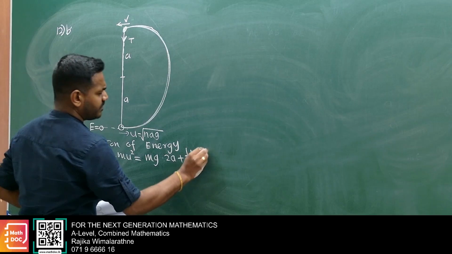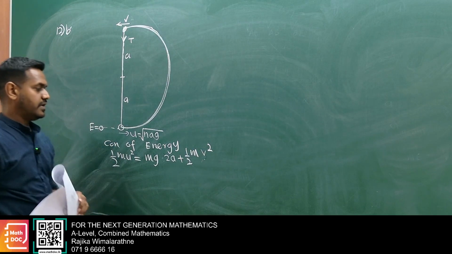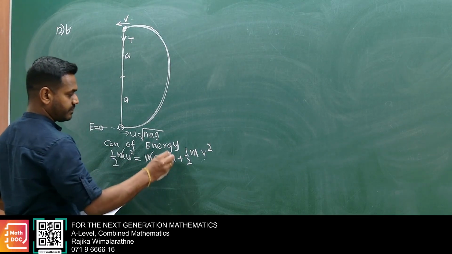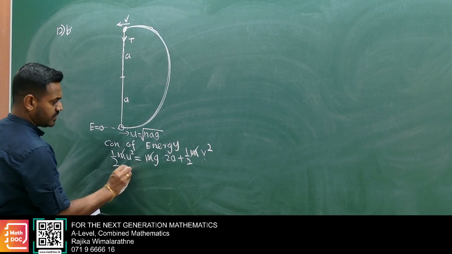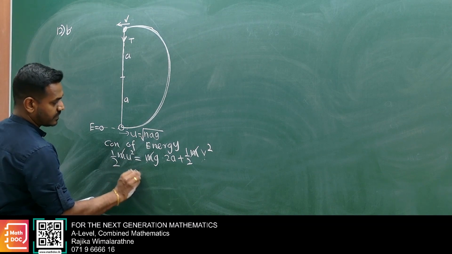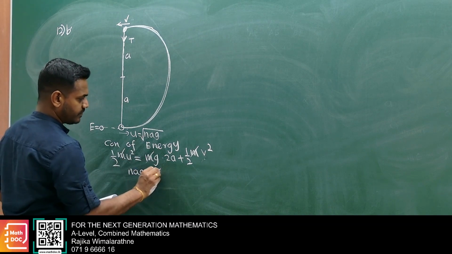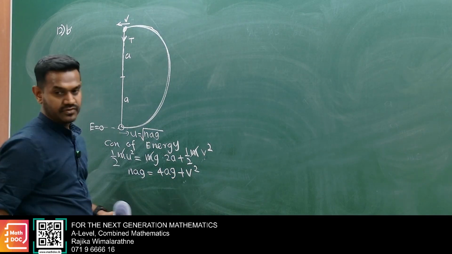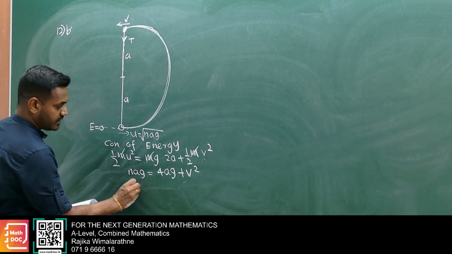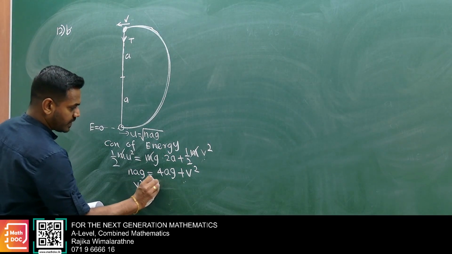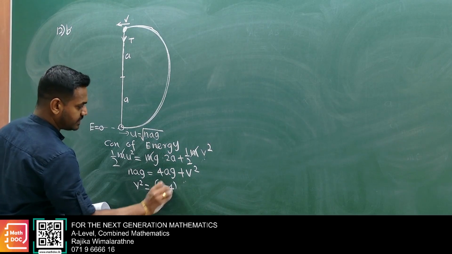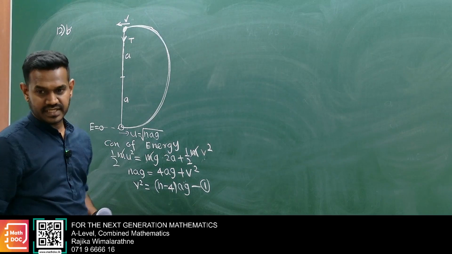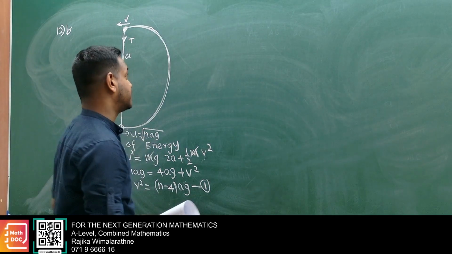Now simplify this one. Cancel m. Then u squared, n a g, multiplied by 2, equals 4ag plus v squared. Then you find v squared: v squared equals n minus 4 times ag. Take this one. Then use towards the center F equals m a.